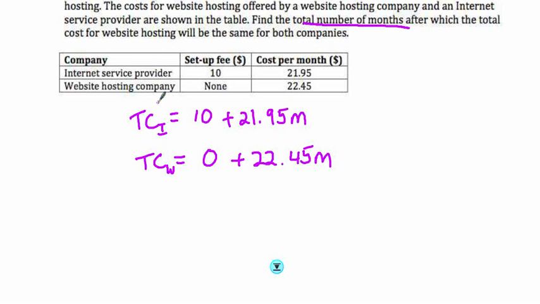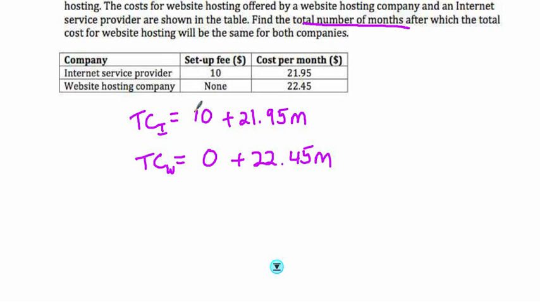In order to solve this system, the question we've been asked is to find the total number of months after which the cost will be the same. So if we equate those two costs, then we would be able to solve for m. Of course, this is effectively the same thing as a substitution.